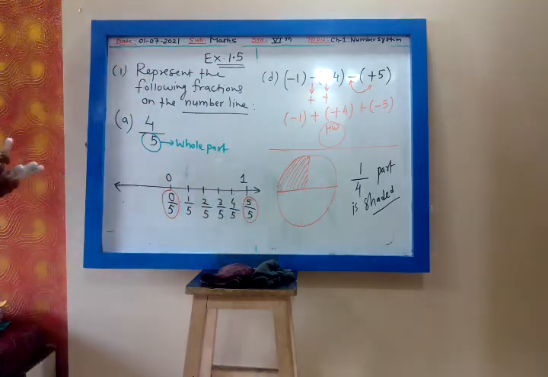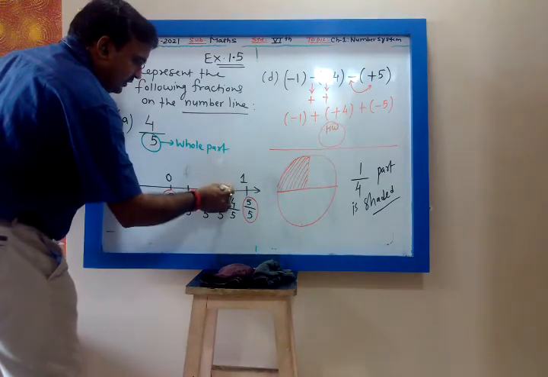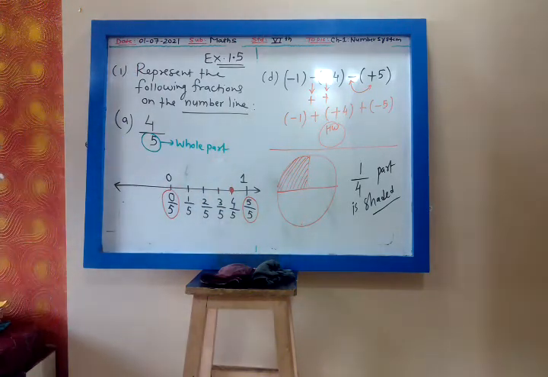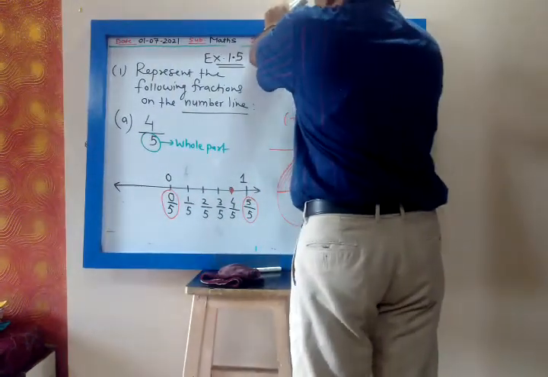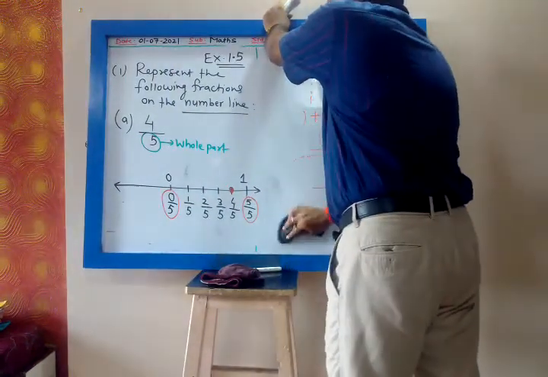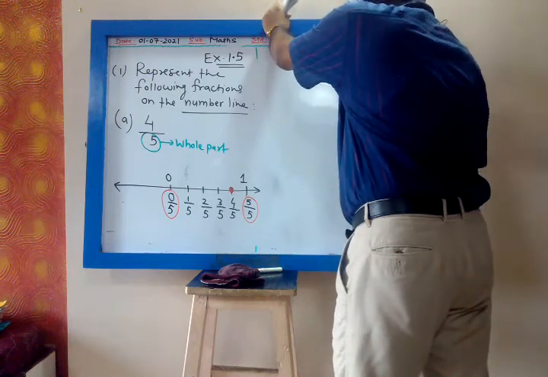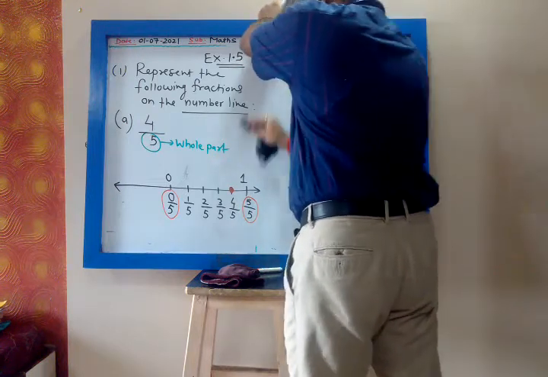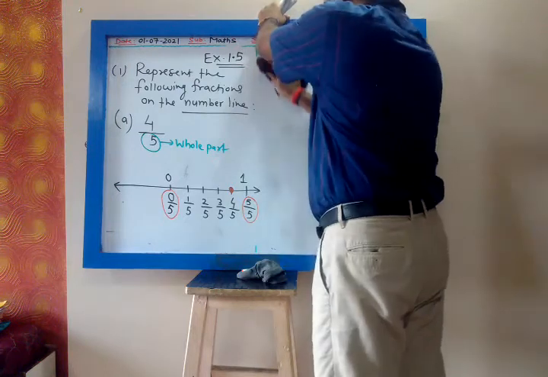So where is the number 4 upon 5? 4 upon 5 is this number, between 0 and 1. So what do we write? We write: divide the number line between 0 and 1 into 5 equal parts.